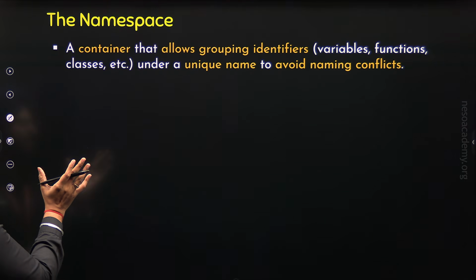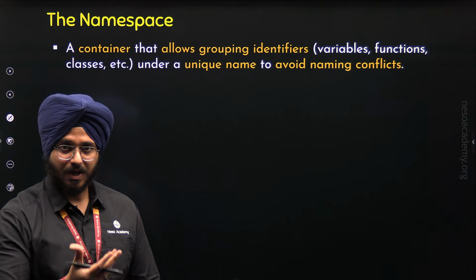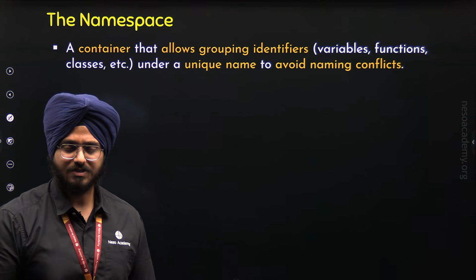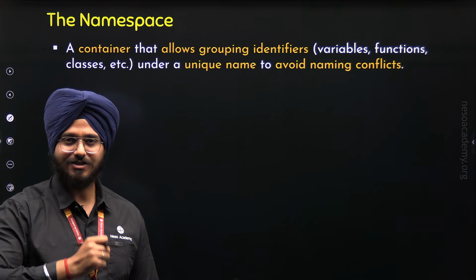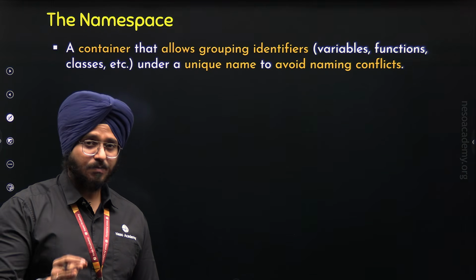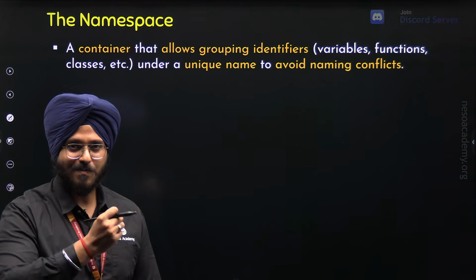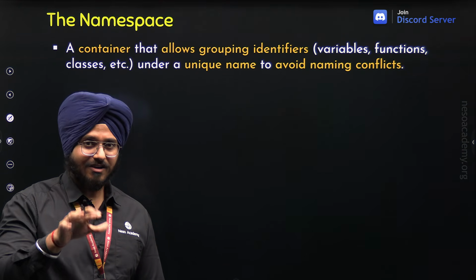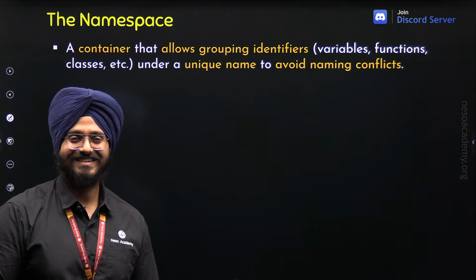So think of a namespace as a container that allows us to group different identifiers such as variables, functions, classes, and other entities. And the best part is that we can give that container a unique name. And the container is the only thing that the linker will see.